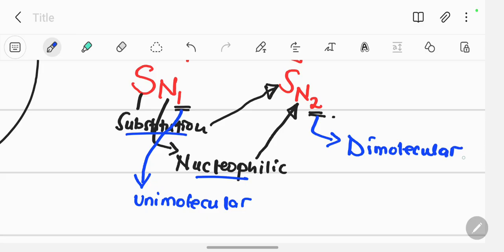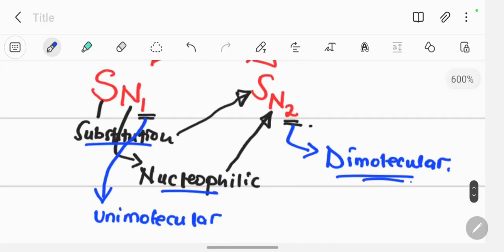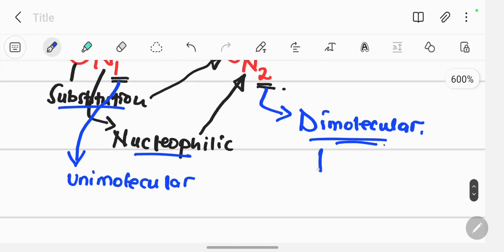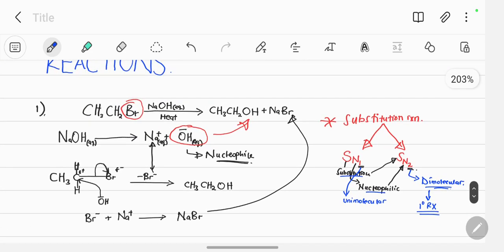And that 2 stands for bimolecular. So this knowledge is going to help us in identifying that primary alkyl halides undergo substitution bimolecular reactions. So this one is for primary alkyl halides. Why? A substitution bimolecular reaction is that reaction having 2 species taking place in the rate determining step.